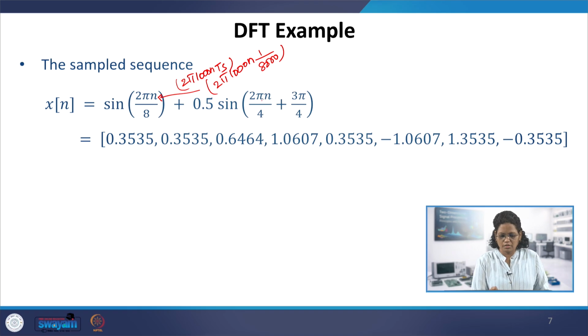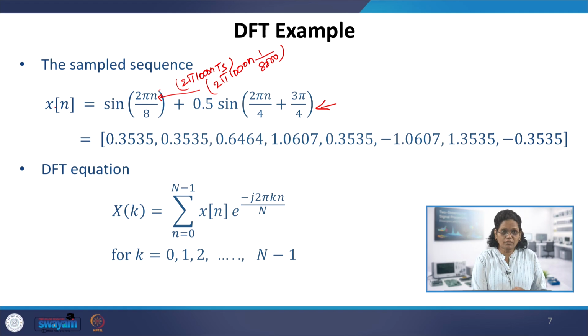Similarly here, 2 pi n by 4, since 2000 by 8000 gives 1 by 4, and 3 by 4. So this is the sampled sequence, and we get 8 samples from it by varying n equal to 0, 1, 2, 3 and so on up to 7.